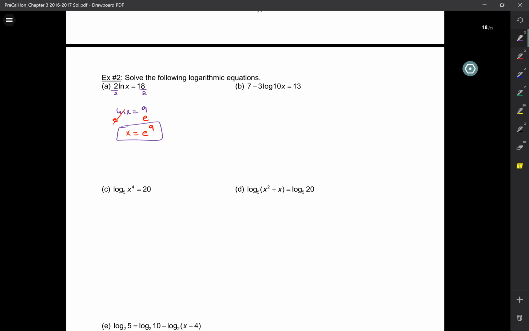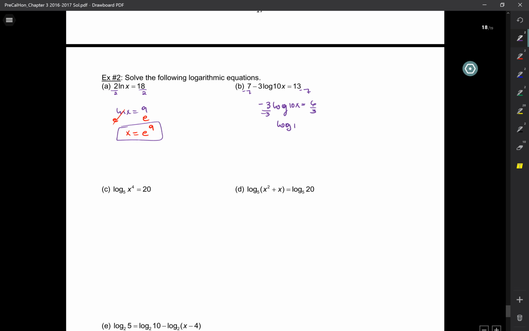Okay, what about here? We're going to isolate the logarithm. So I'm going to subtract 7, making this negative 3 log 10x equal to 6. I'm going to divide by negative 3.